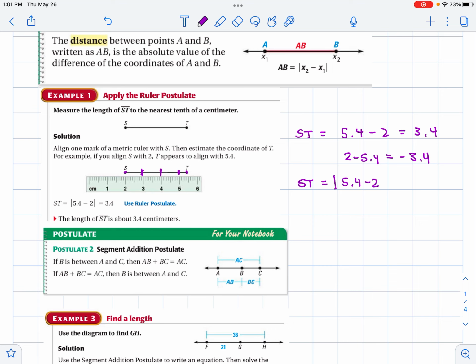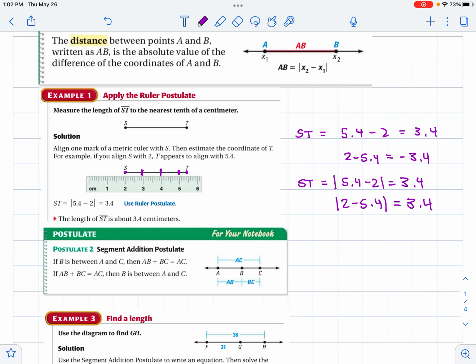Because remember, what absolute value does is it takes away the negative. So we could say the absolute value of 2 minus 5.4. In other words, we just simply subtract the difference. Okay? Now we want to know how to measure the distance between 2 points, and that's just the absolute value.